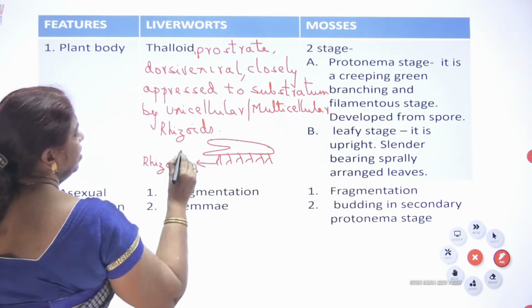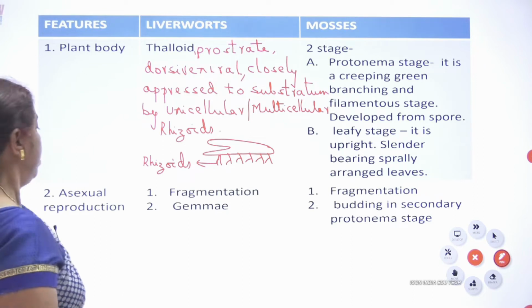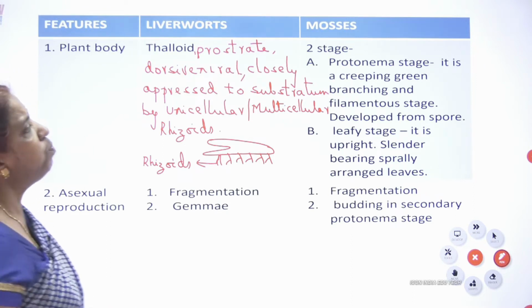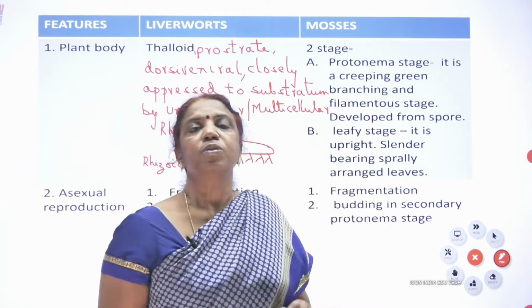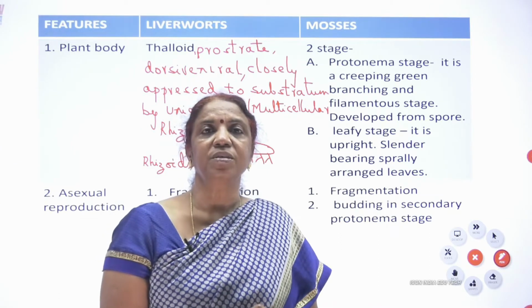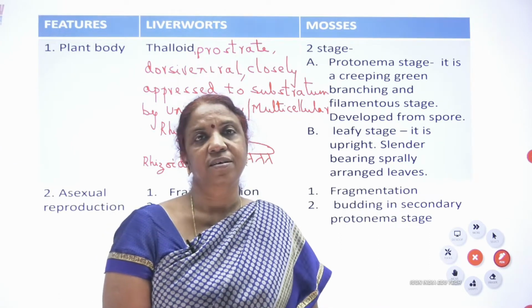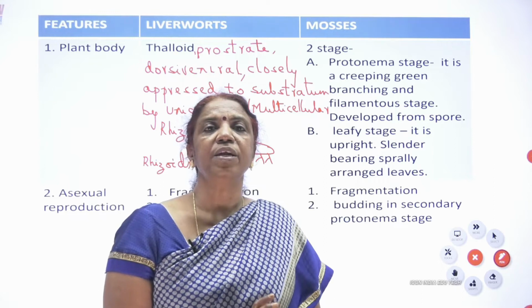The next one is the plant body in mosses. The dominant phase in mosses is the gametophytic stage, and this gametophyte is divided into two stages.